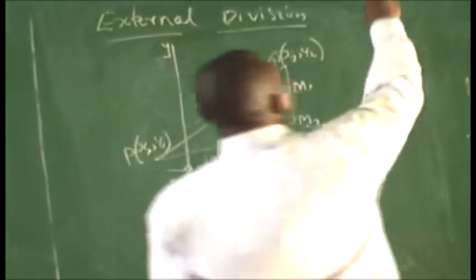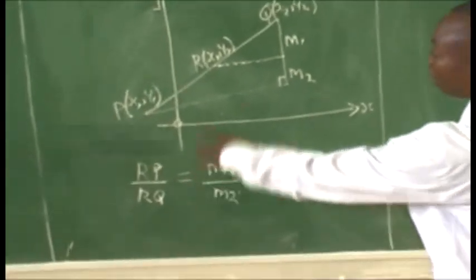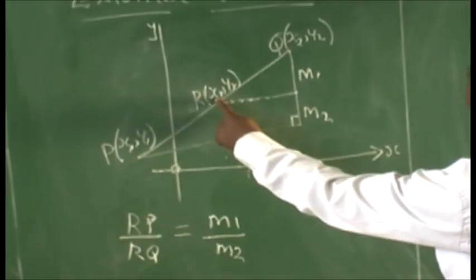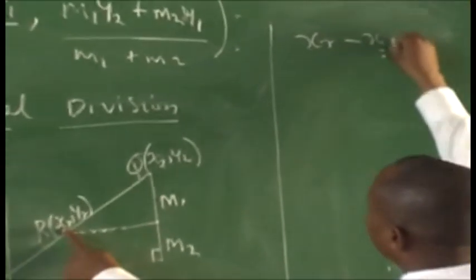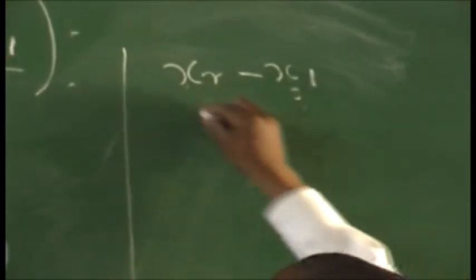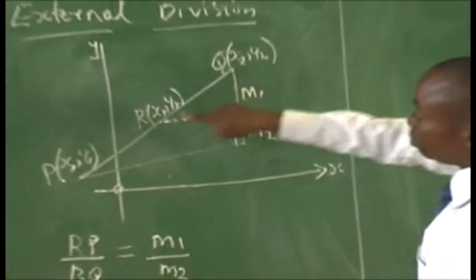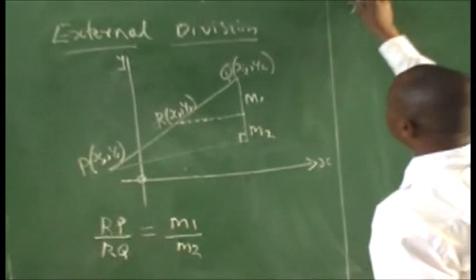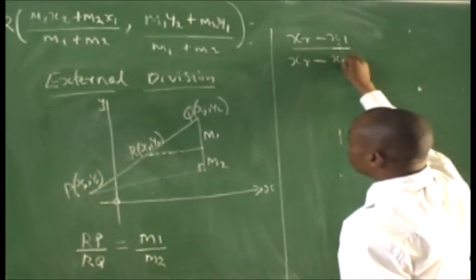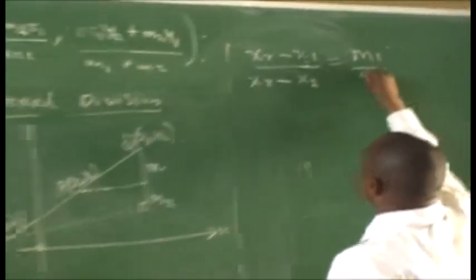Now, what it means is that for RP, here we have XR minus X1. XR minus X1 will give us RP all over RQ. You see, we are starting here now. XR minus X2 will be equal to M1 all over M2.